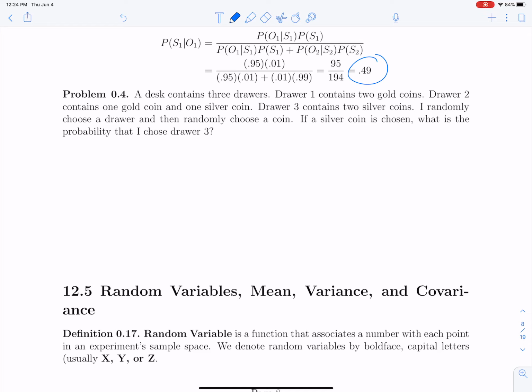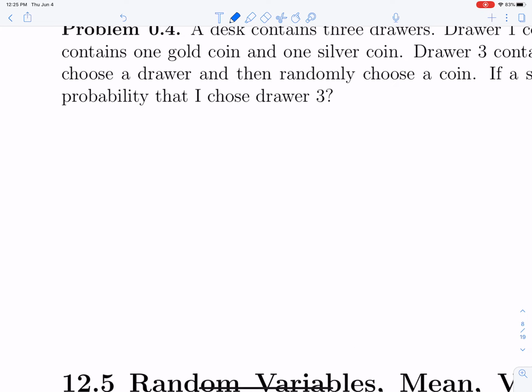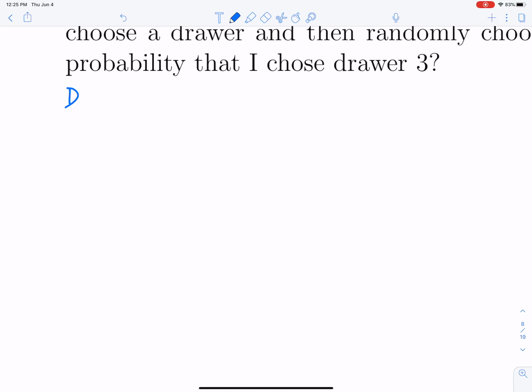So more than 1 drawer contains a silver coin. So let's say if I have a silver coin, what was the probability that I chose one of those 2 drawers? Because the first drawer doesn't even have a silver coin in it. The first thing that we always want to do in probability problems is define our events.